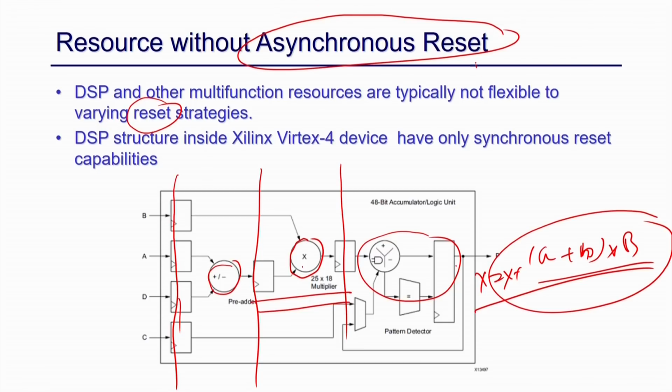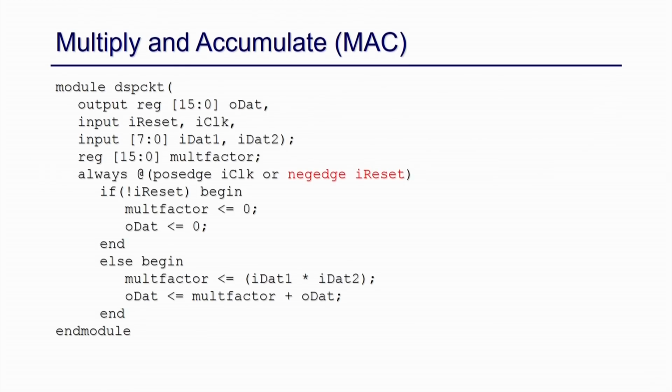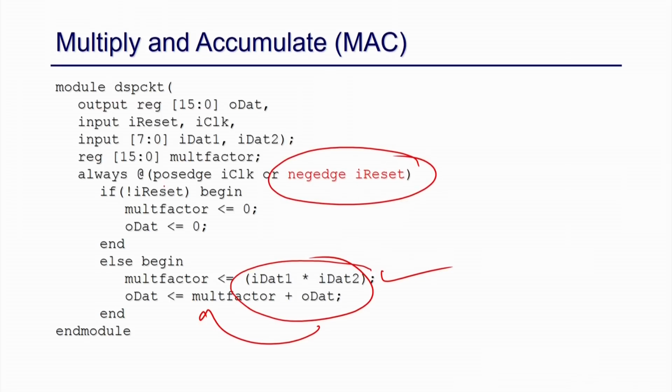But if you have an asynchronous reset in your design, then it will create a problem. For example, in this multiplier I want to do multiply and add, this is a MAC, multiply and then add. That is what I am doing here, but I have an asynchronous reset. So, this is the positive edge of clock or negative edge of i_reset. So, this is asynchronous. Then I am resetting the multiplication factor and the output.